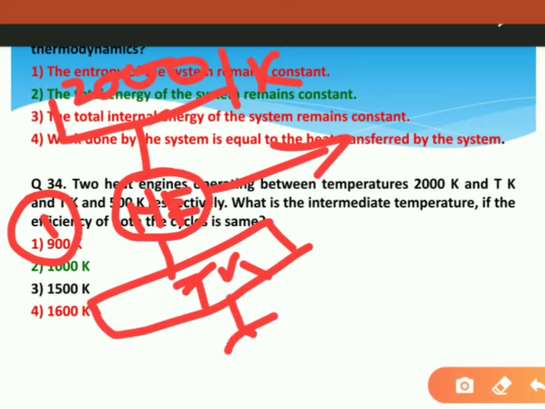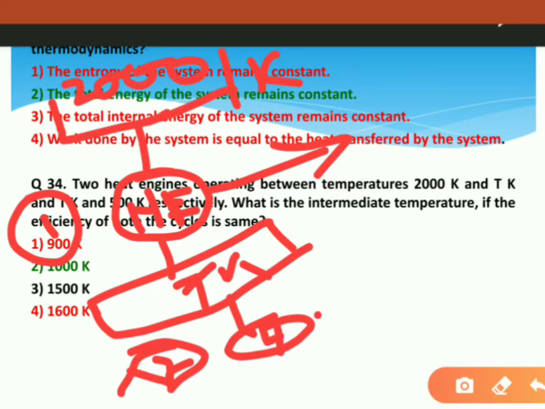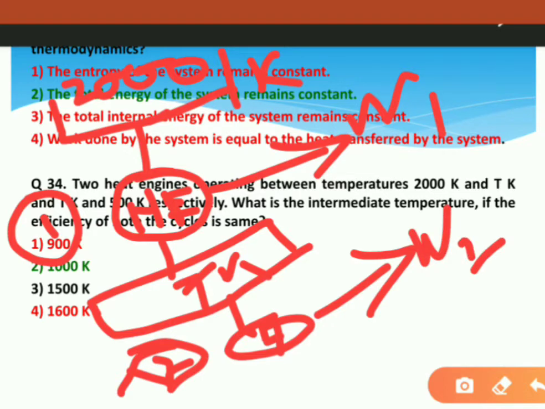Further it connects to another heat engine, engine 2, which will produce some work. Say that is W1 and that is W2, and it goes to a lower temperature reservoir at 500 Kelvin.